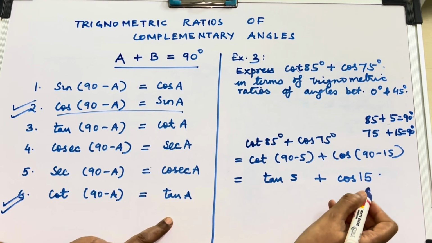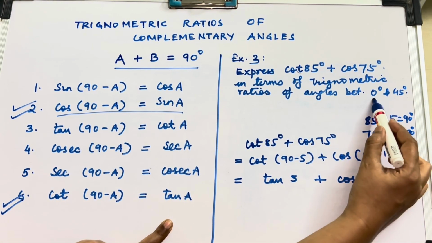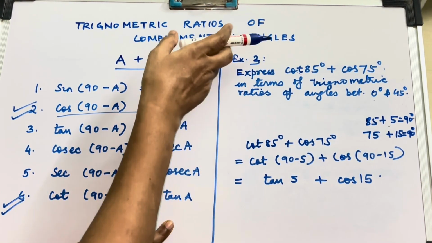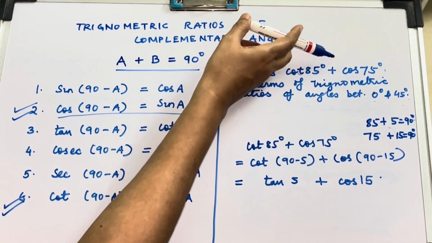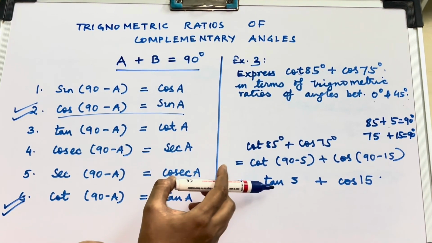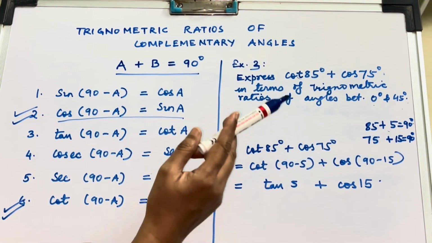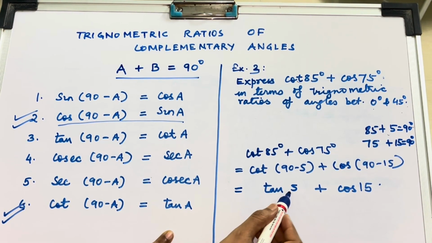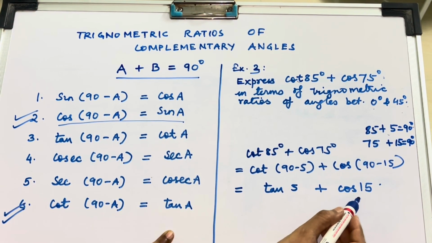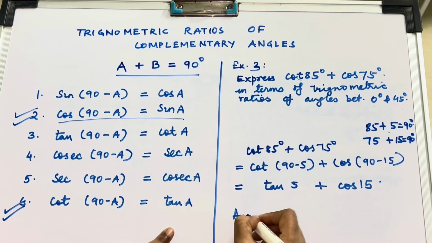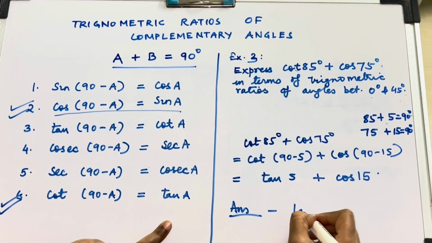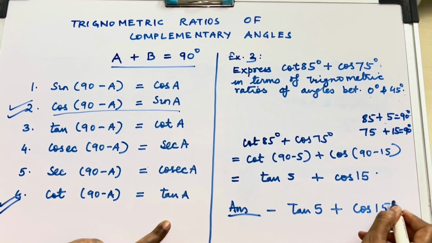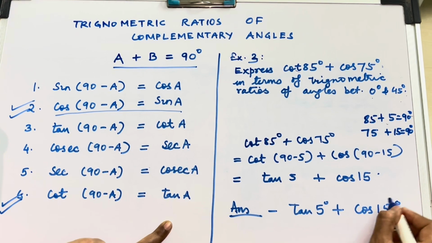Now, 5 and 15 both lie between 0 and 45. So, we have expressed the given expression as a ratio of angles between 0 degrees and 45 degrees, and it comes to tan 5 plus sin 15. Writing our answer, again highlighting it, tan 5 plus sin 15.